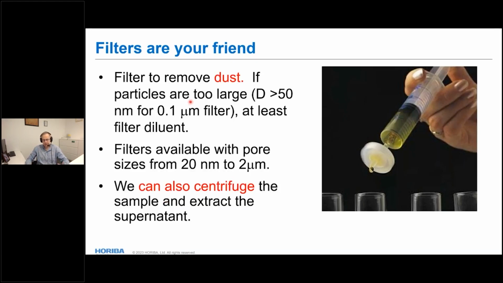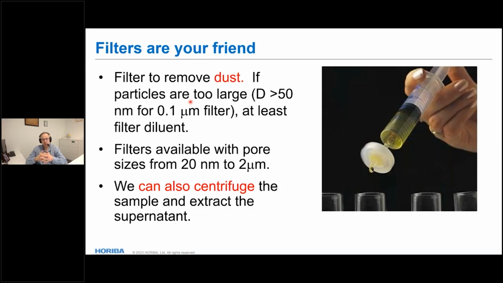So if I get a sample and I want to dilute it further, I often find myself filtering the diluent. These days it's less often because filtration sterilization has really helped a lot. But you may need to filter your diluent through a 0.1 micron filter.